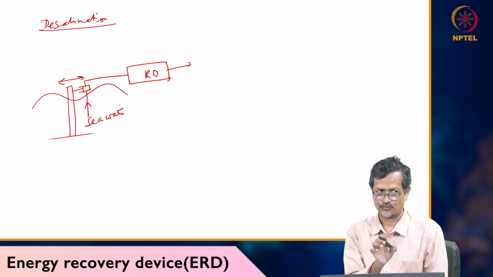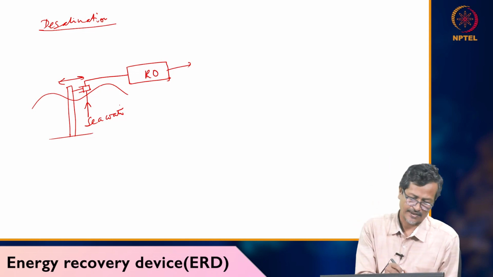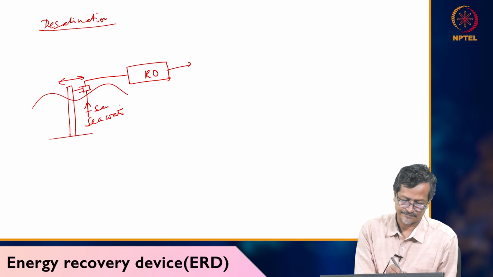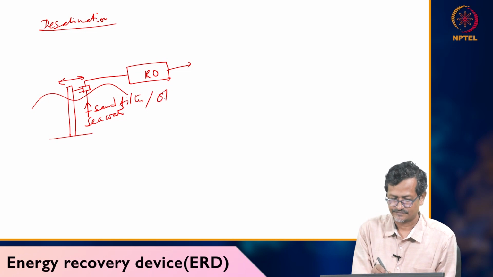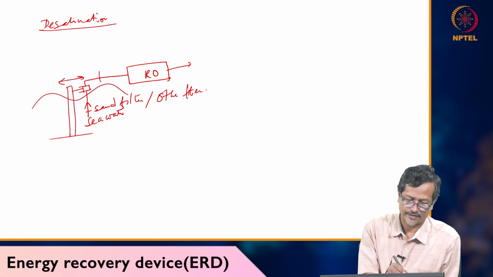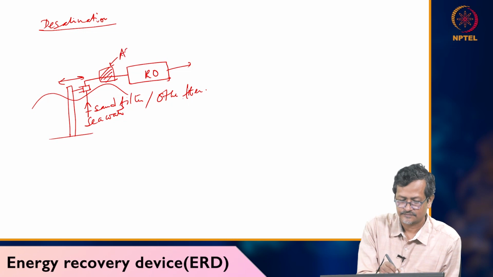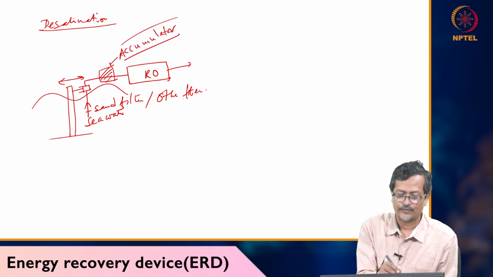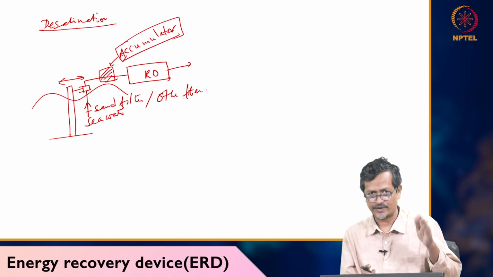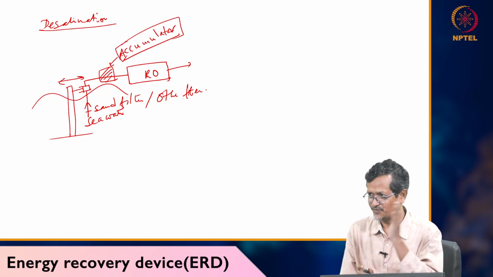So, that was our concept, but I am showing a direct picture. The work is not so simple. We will have a sand filter and many other filters, then we'll have one accumulator. Why will an accumulator be required? Because the reciprocating pump gives pressure in pulse form.